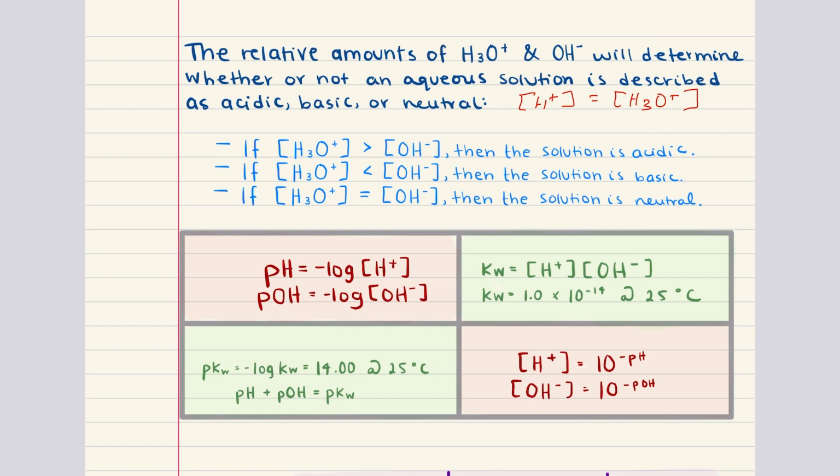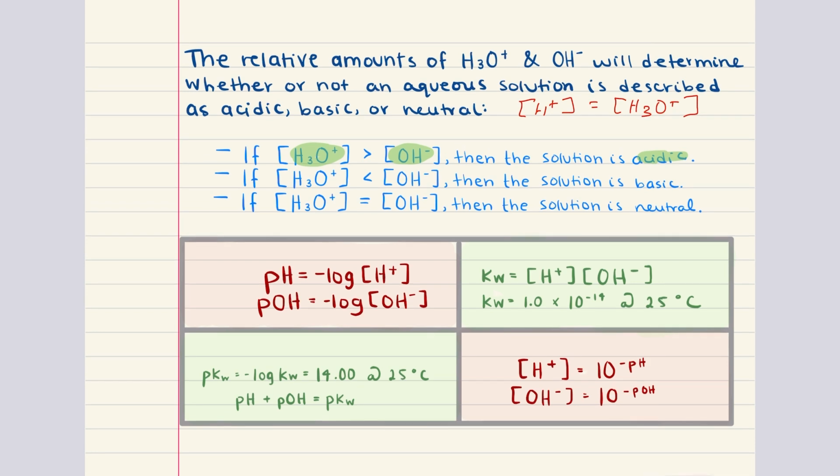To that point, if the concentration of hydrogen ions is greater than the concentration of hydroxide ions, then the solution is acidic. And that means that the pH is below 7. On the other hand, if the hydrogen ion concentration is less than the hydroxide ion concentration, then the solution is basic, which means that the pH is greater than 7.